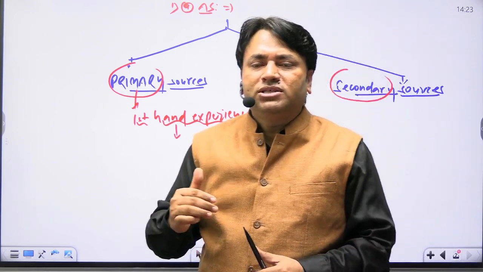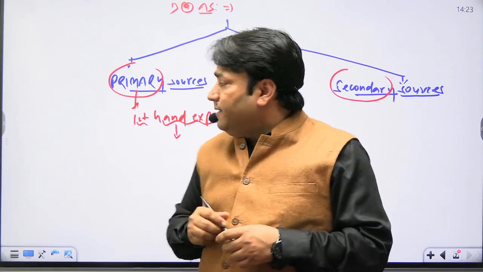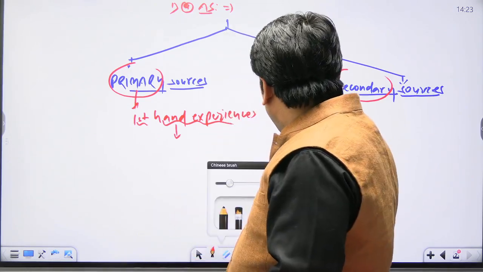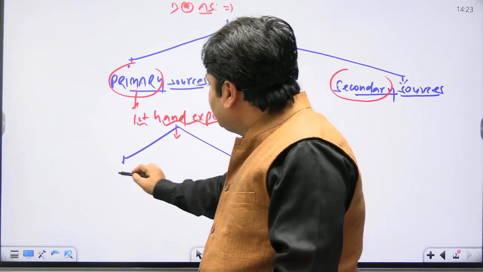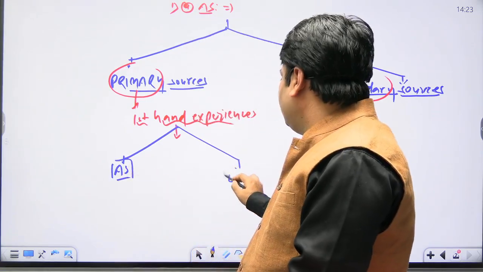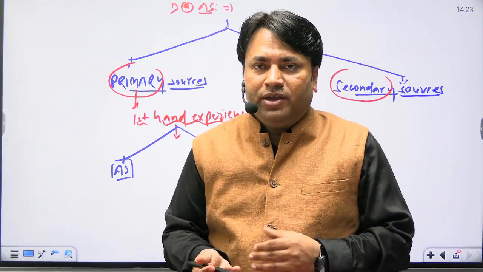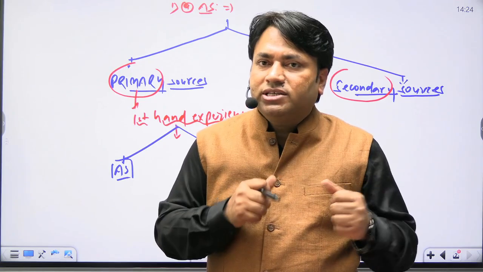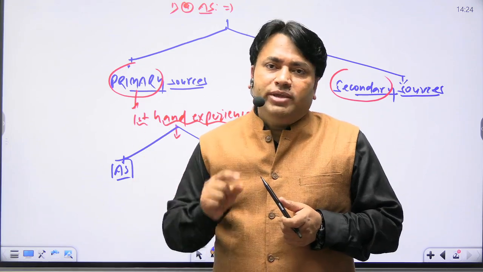And the sources which are first hand experiences can be archaeological sources as well as literary sources. It means that when we talk about primary sources, archaeological sources can be primary sources and literary sources can also be primary sources.